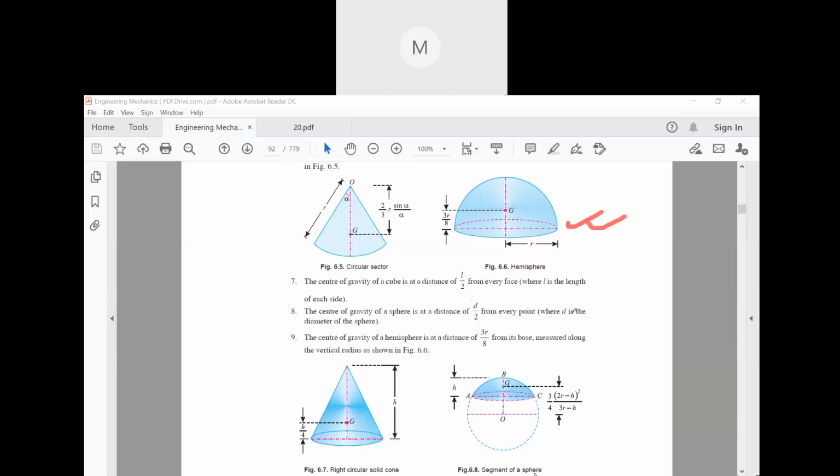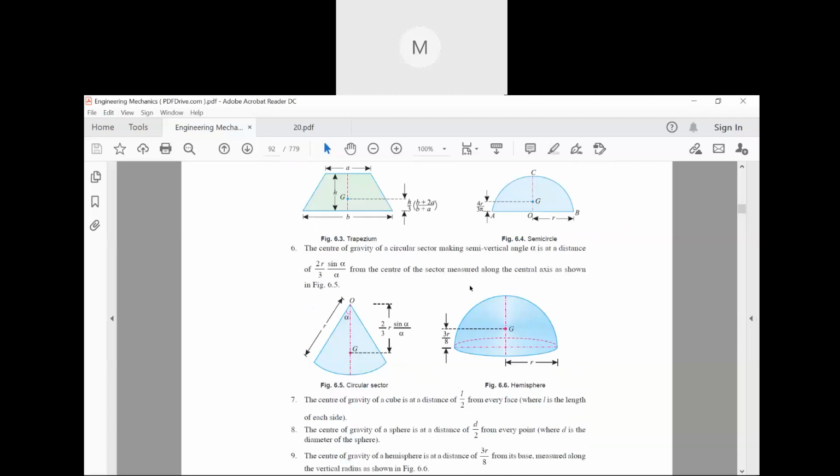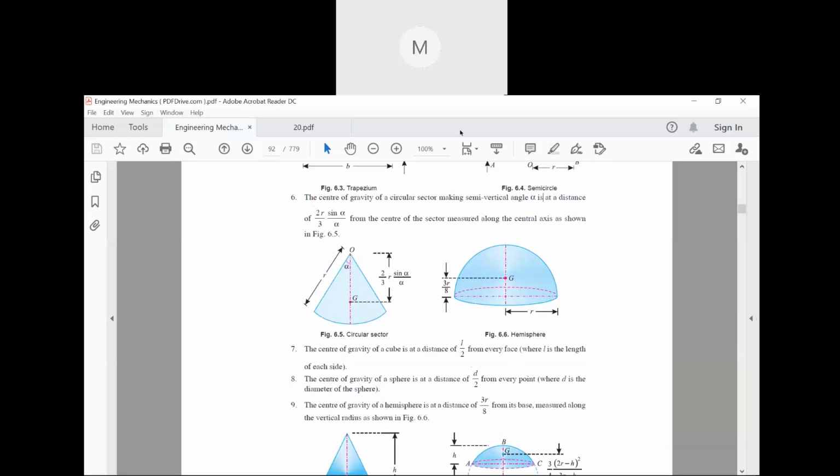So this is a hemisphere. So the difference between semicircle and hemisphere is like this. The center of gravity of a hemisphere is 3r by 8. In the semicircle it was 4r by 3 pi, and here it is 3r by 8. These are certain small differences. So this is how we find the center of gravity of a semicircle and a hemisphere.